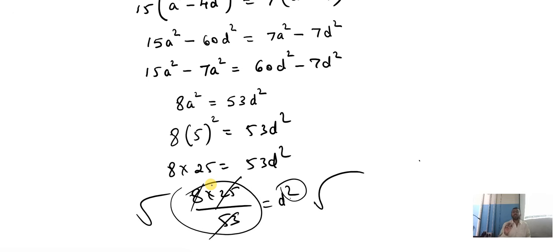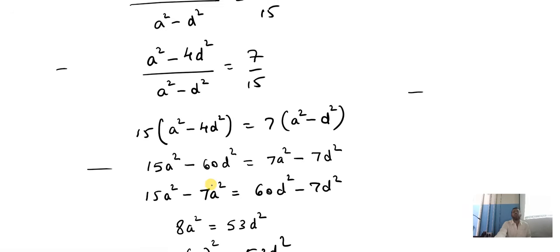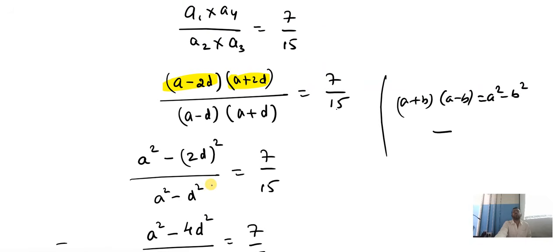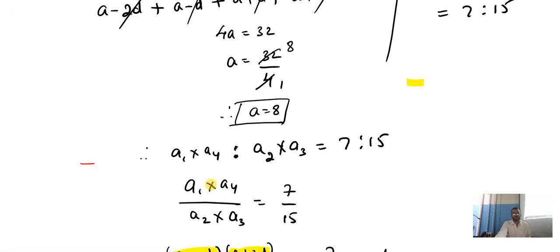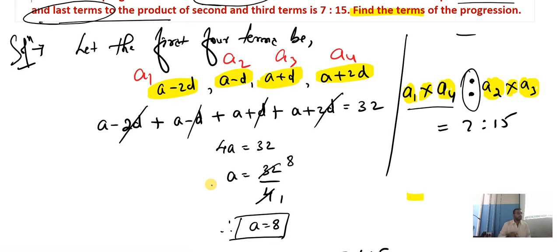In that scenario, if you find this kind of step, you have to come back to the problem. Here you need to do a small change. What is that small change? Instead of A minus 2D, you are supposed to take A minus 3D.